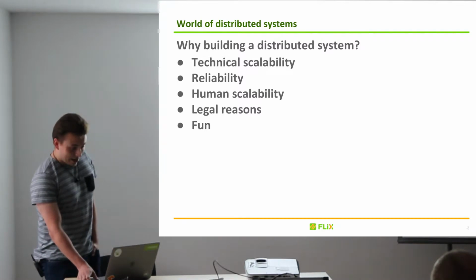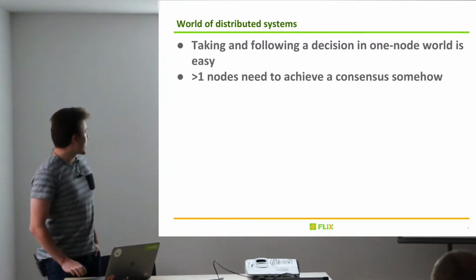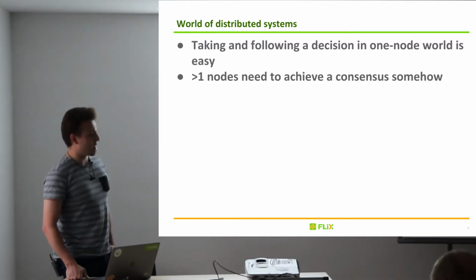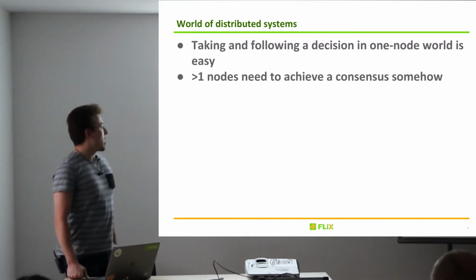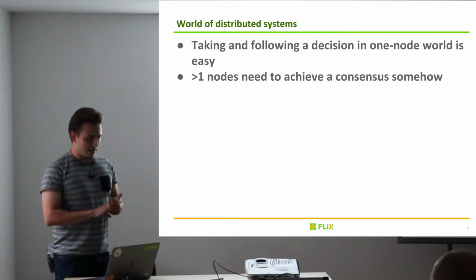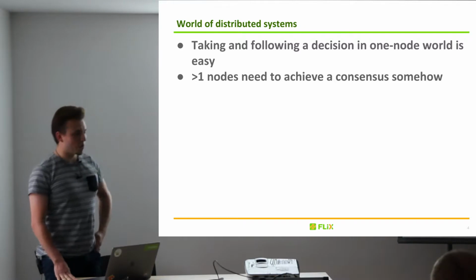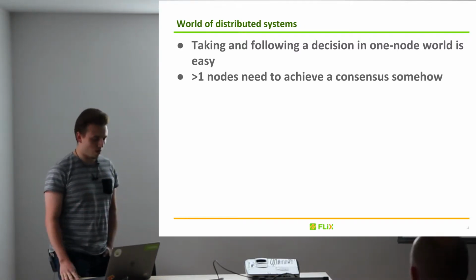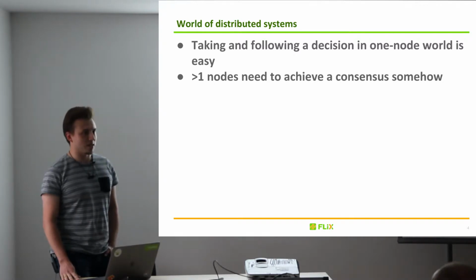Anyway, in general, handling the data, handling decisions, handling some actions for one node is easy. For more than one node, on some level we need to define and achieve a consensus.